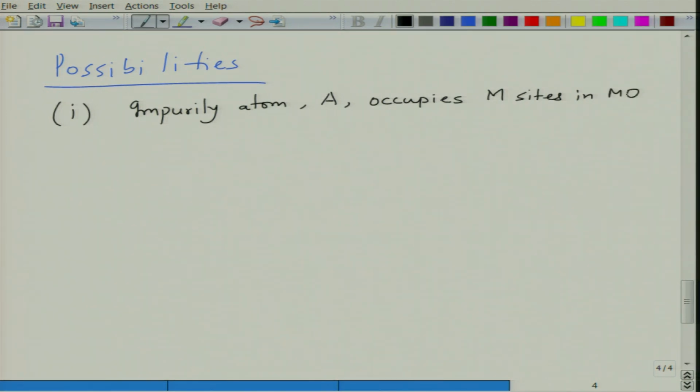Okay. Now, if that happens, let us say A2O3 goes to MO. Okay. So, which means 2A go to M site.